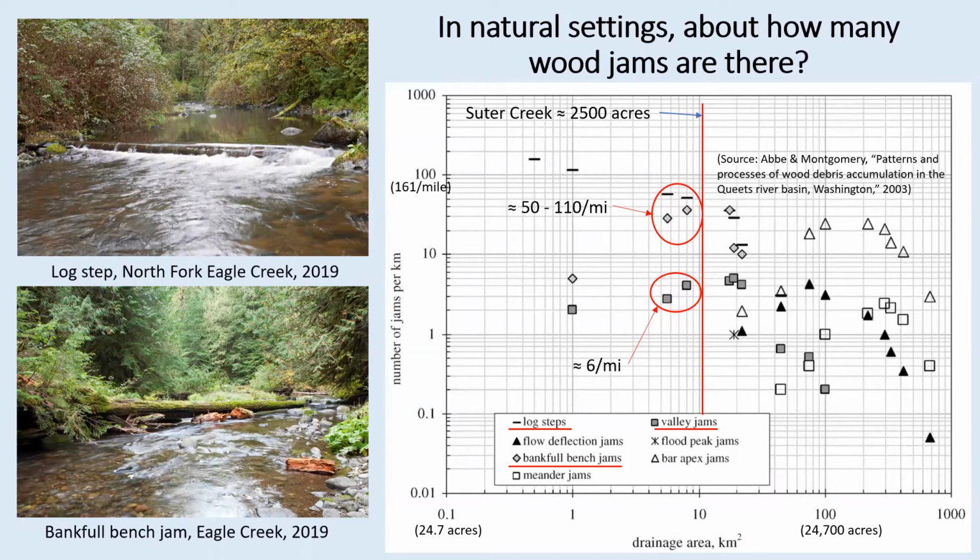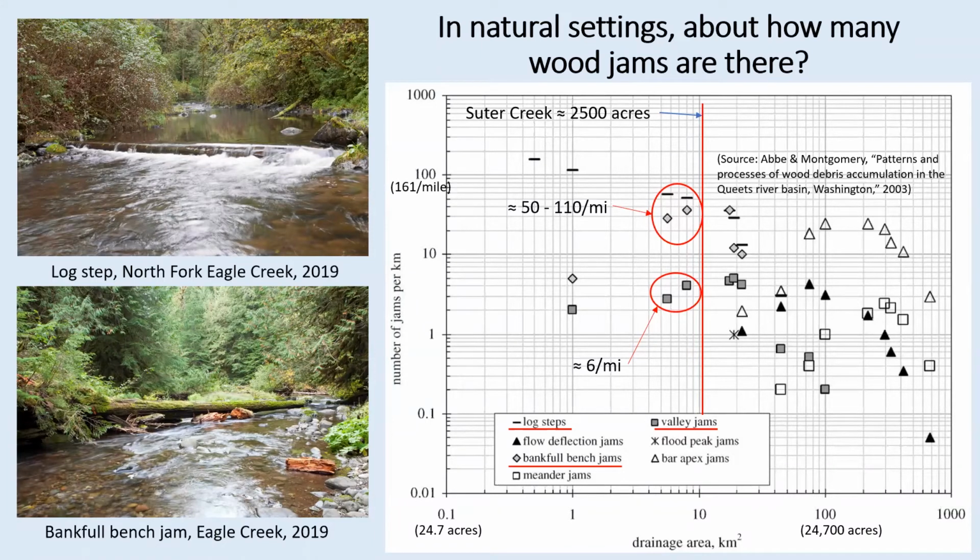And then similarly, if you look at the bankfull bench jam, in this case, there's a few logs here. There's a really large tree that's probably about a 4-foot diameter Doug fir or so that just either fell across the creek and was rotated by heavy water or just happened to land in that direction. But anyway, it's a bankfull bench jam. So you see these are fairly common, 50 to 110 per mile.